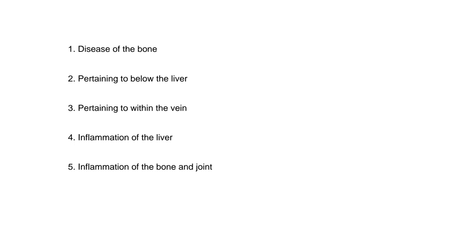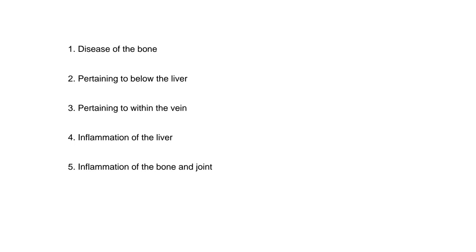Let's go ahead and start. You should have done this on your own. Let's see if you are correct. Number 1, disease of the bone. Remember, when we write a definition, usually we start off with the suffix. So disease is going to be the suffix most of the time. It just depends on how the definition is written, but most of the time, the definitions that are written when we do building exercises as part of your textbook exercises will come at the beginning of the definition, which identifies it as a suffix.